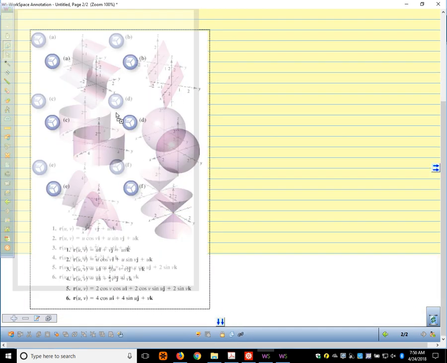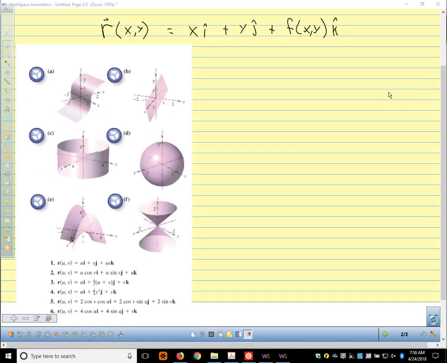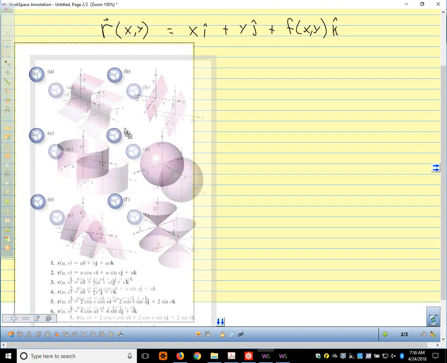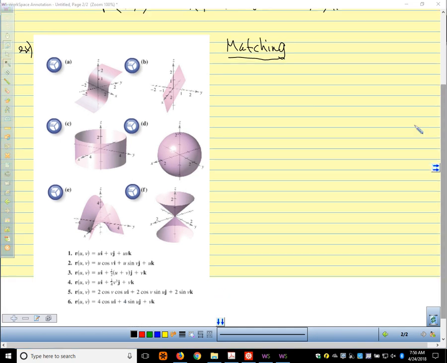All right, so we want to match the surface to the graph, and this will let us look at how we visualize these a little bit. All right, let's look at number one.